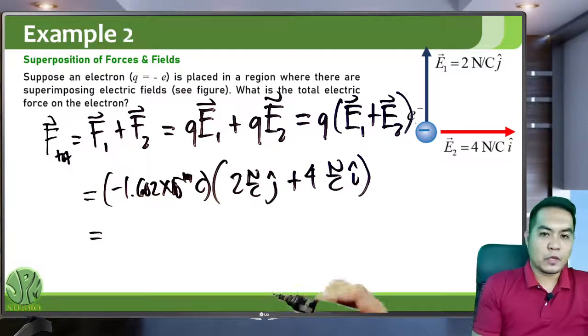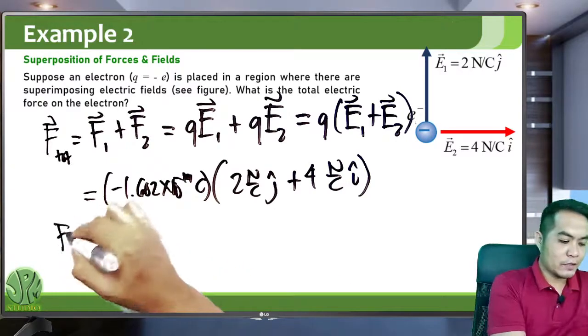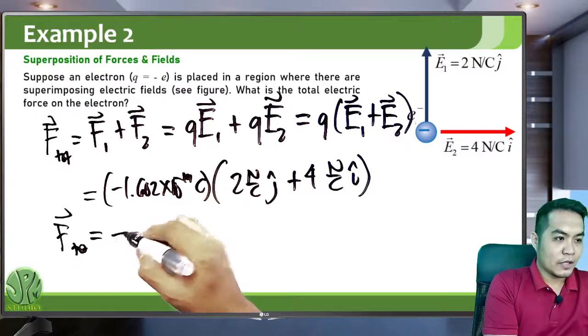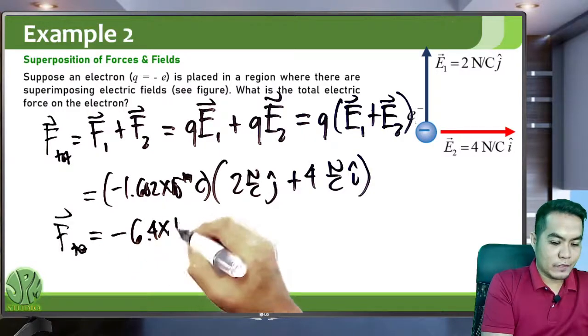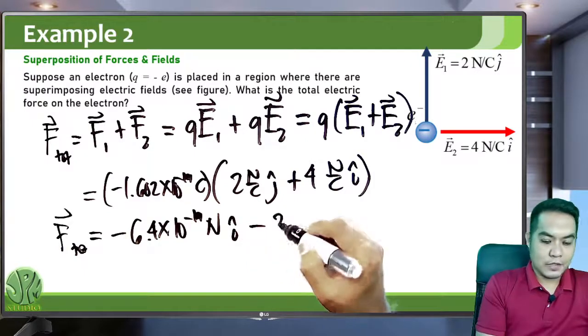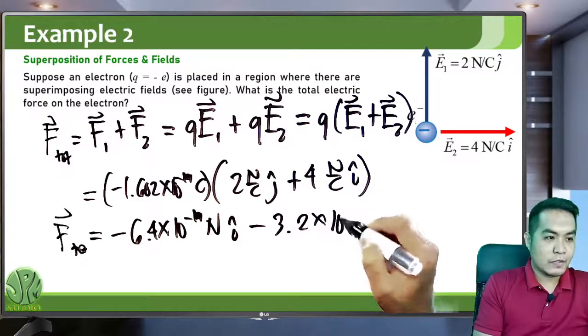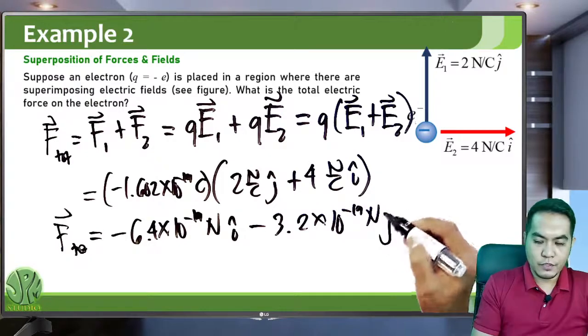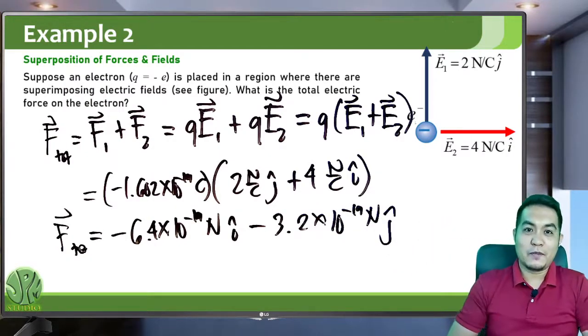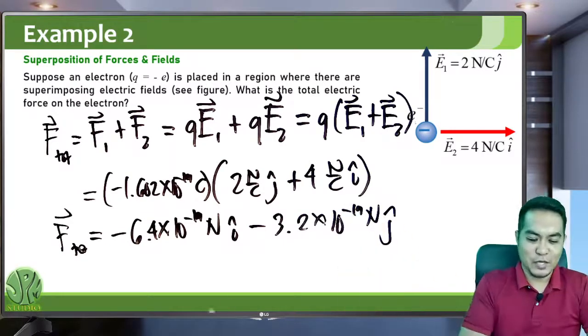And we will write this vector in terms of standard form, and we get a value of negative 6.4 times 10 to the negative 19 newton i hat minus 3.2 times 10 to the negative 19 newton j hat. Take note, you cannot add different vector components, okay? You can only add same vector components, i hat and i hat, j hat and j hat. So this is now the force vector.